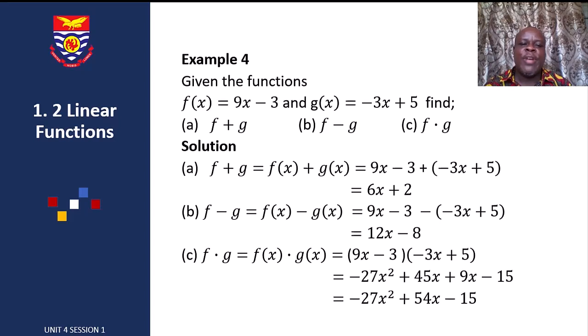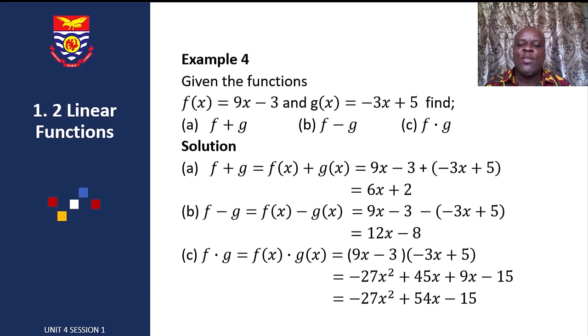So we do the first one, f plus g, which is equivalent to f of x plus g of x, and that is equal to 9x minus 3, plus negative 3x plus 5. Then we will simplify. So we'll have 9x minus 3x, which will give us 6x. Then we have minus 3 plus 5, and that will give us 2.